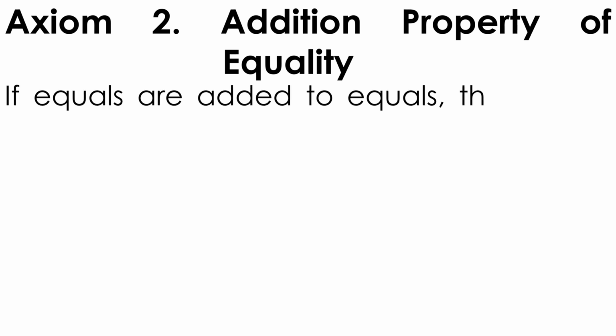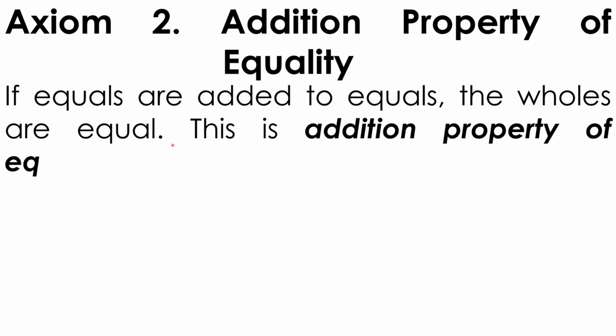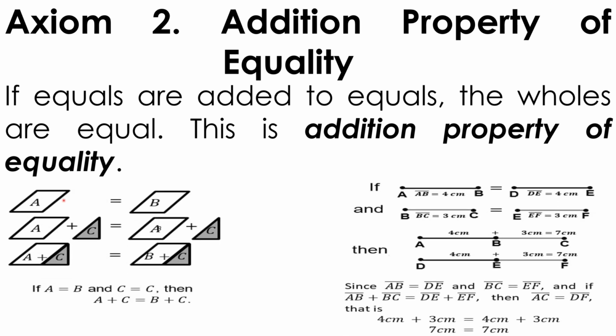If equals are added to equals, the wholes are equal. This is the addition property of equality. In the figure, we have here, if A is equal to B and C is equal to C, then A plus C is equal to B plus C.